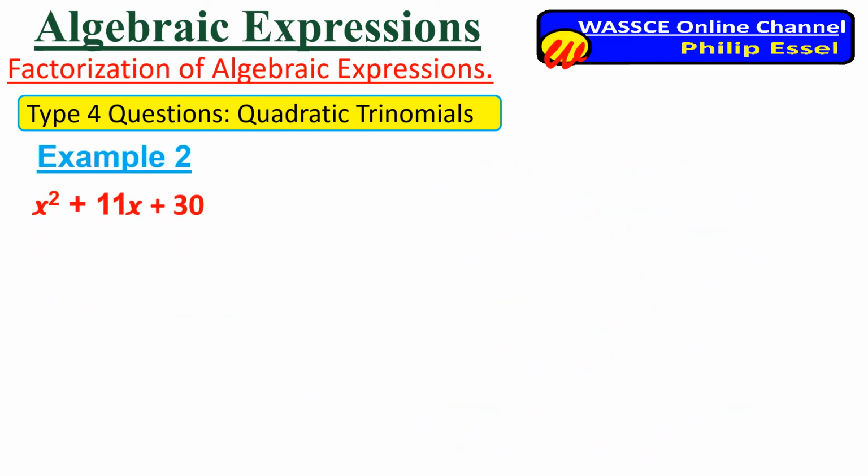Let's look at example 2. In example 2, we have been given the quadratic trinomial x squared plus 11x plus 30, and our work is to factorize this 3-term expression. Guys, as we already know, our first aim is to convert this 3-term expression into a 4-term expression.